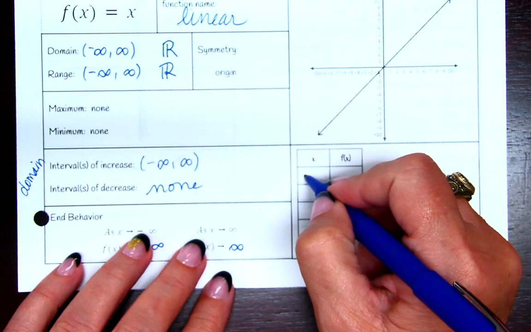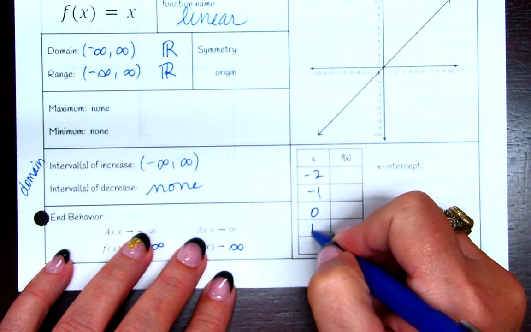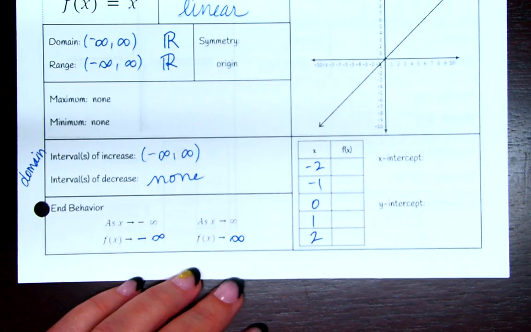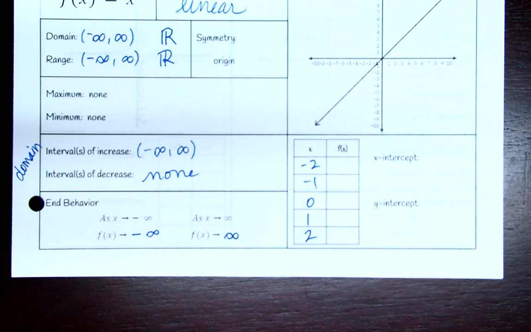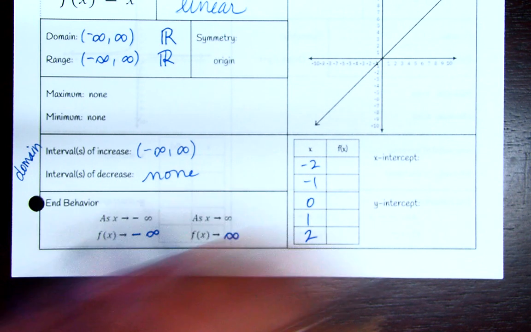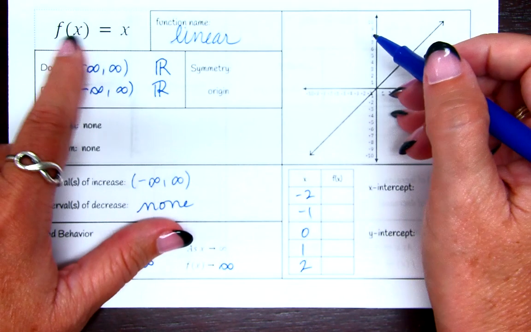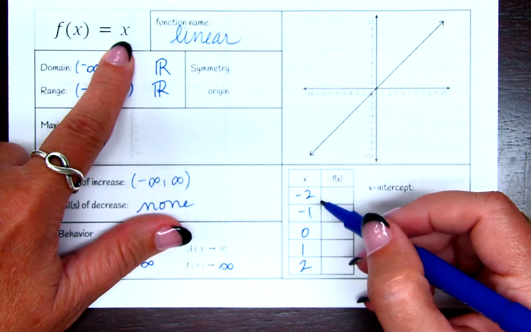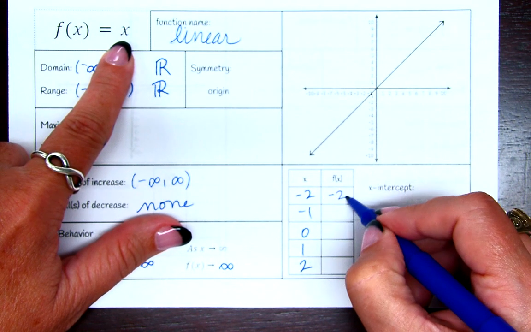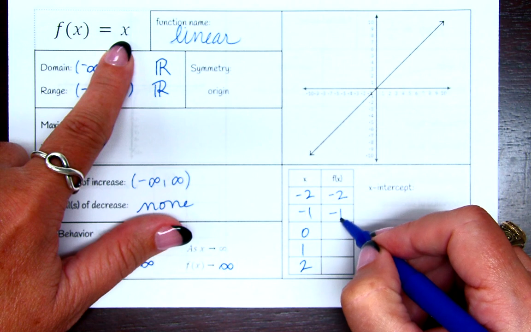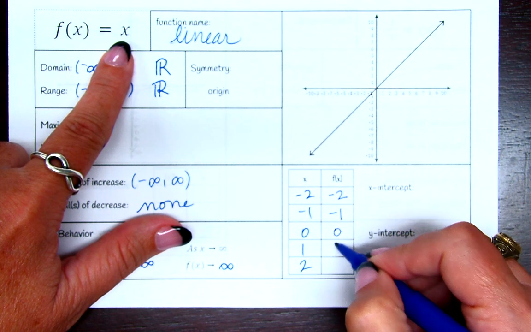So let's go ahead and choose these. Because they're kind of right near the origin, right? Okay? Now, if y equals x, shouldn't these two be the same? Shouldn't these two be the same? And so on?